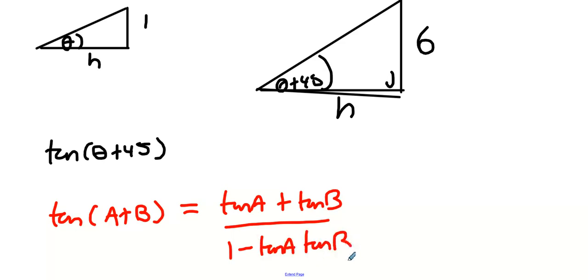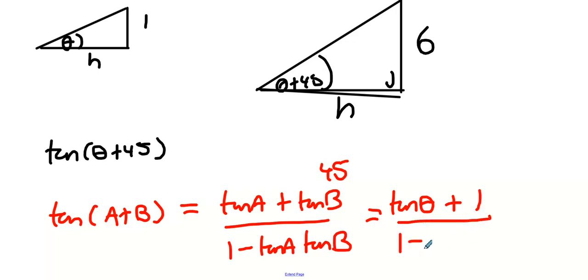What would be a good first choice to do here? What should I replace A with? Replace A with theta. So tan theta, yeah. Replace B with 45, and tan 45 is 1. And then what's that? Just tan theta times 1.